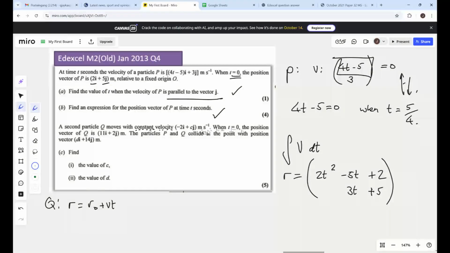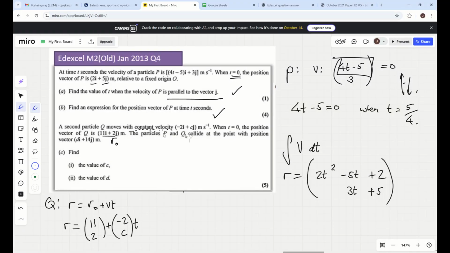So when t equals 0, yeah, that's the r0 bit. So it seems like they want us to use this one here. So let's say r equals 11, 2 plus the constant velocity is a -2 and c times t. So that's the general way of describing where Q is. And then we've got a general way of describing where P is over here.